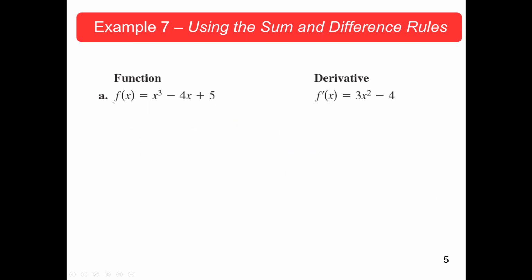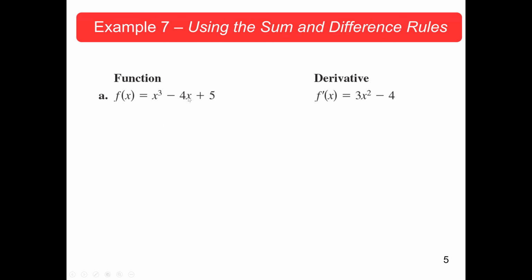Here they say we should find the derivative of the function x cubed minus 4x plus 5. So we are going to find the derivative of x cubed, then the derivative of 4x, and the derivative of 5. Now we know the derivative of x cubed is from the power rule, so the answer will be 3x squared.